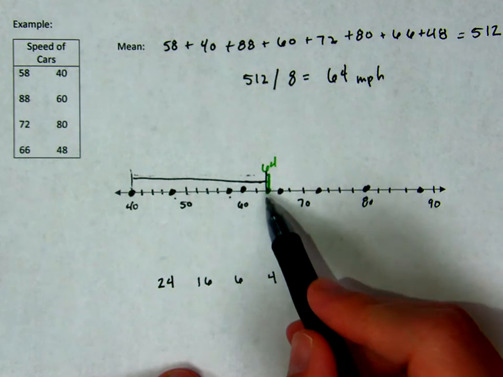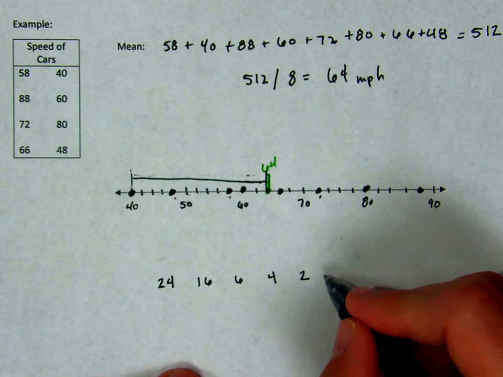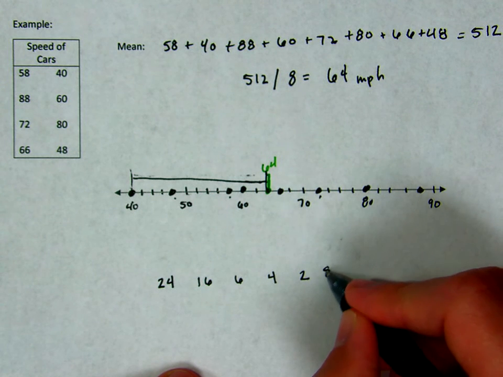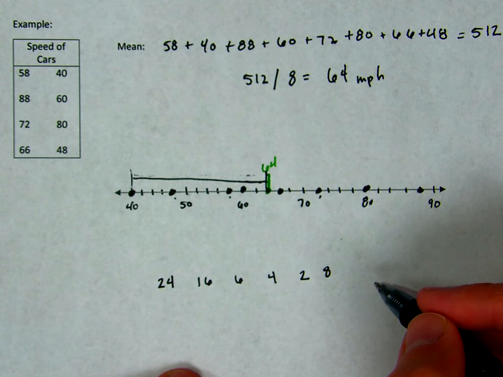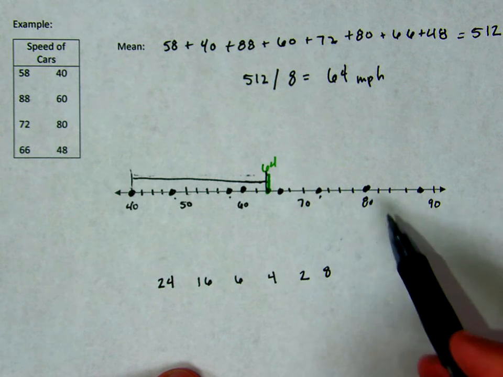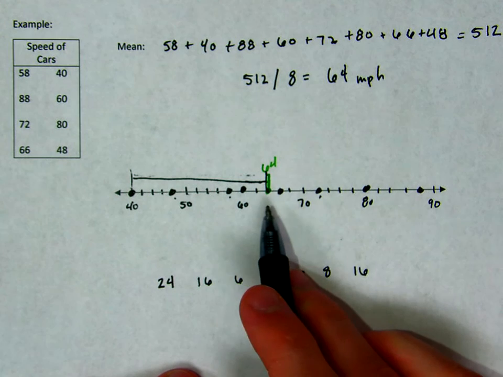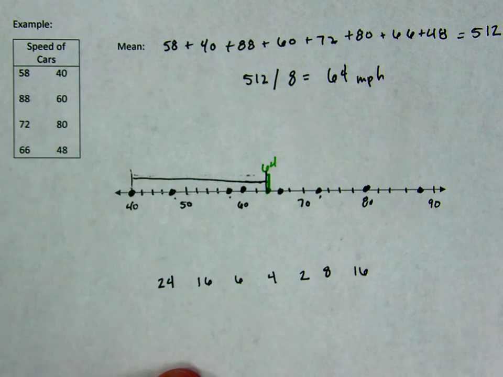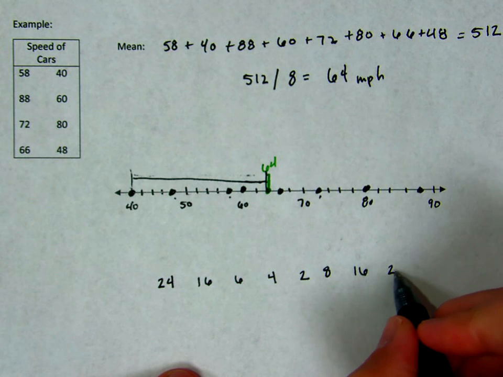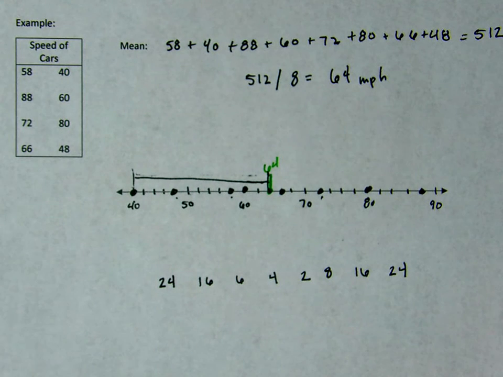From 64 to 72, our difference is 8. From 64 to 80, our difference is 16. From 64 to 88, our difference is 24.